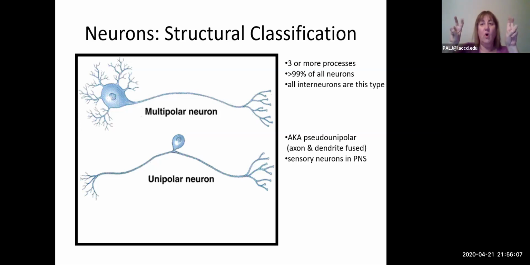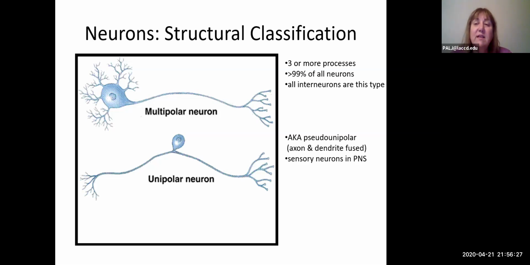So that one process was actually two different processes adjacent to each other going in opposite directions. So it was where the axon, the outgoing axon, and the one incoming dendrite were fused. So that's why it's called pseudo-unipolar.